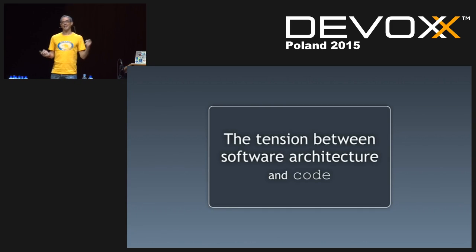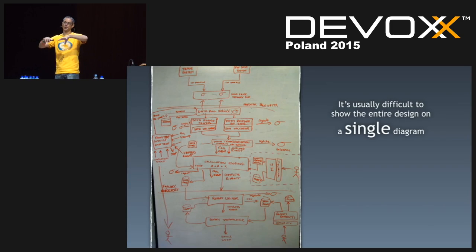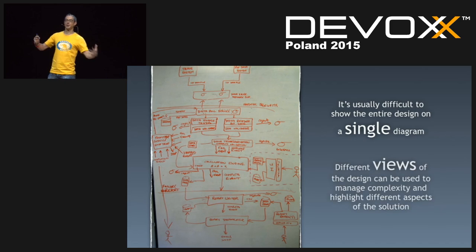But there's a tension between the software architecture and the code. So let's have a look at that very briefly. Imagine you are trying to visualize and describe a software system that you have. A good way to do this is with pictures. But it's really hard to show everything on a single picture, isn't it? So what we do is we have different pictures to show different things.